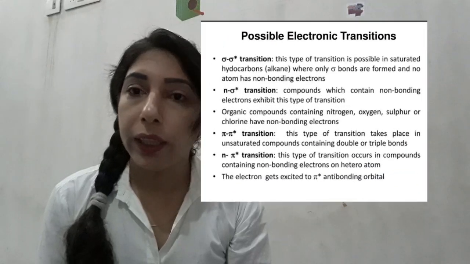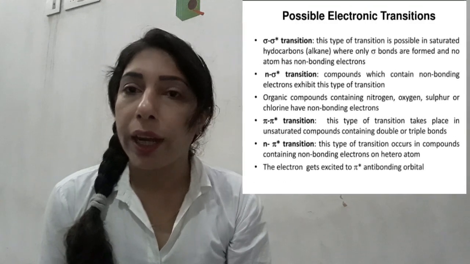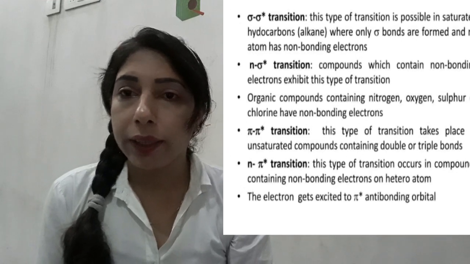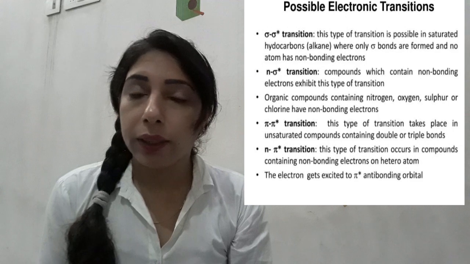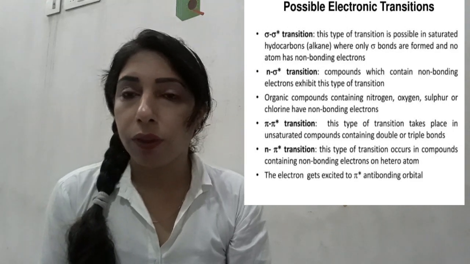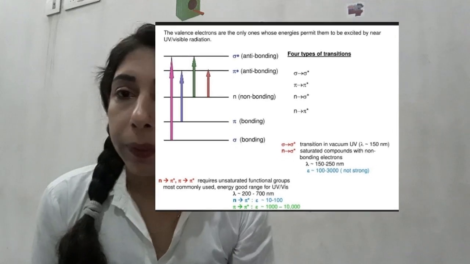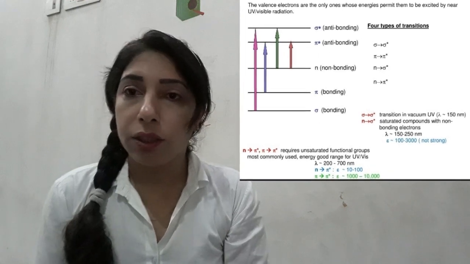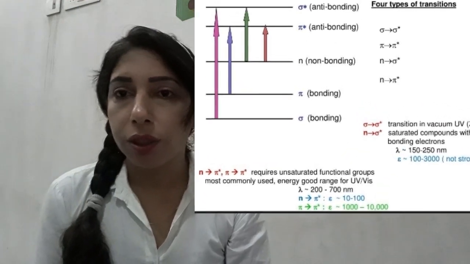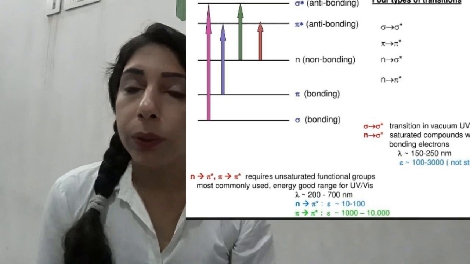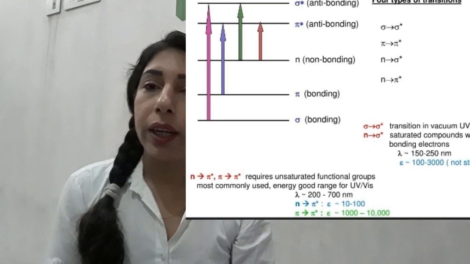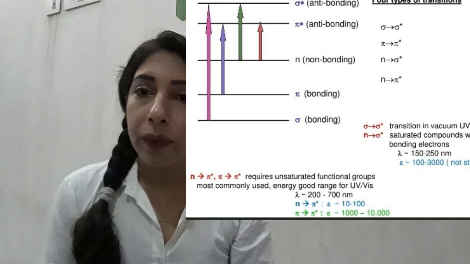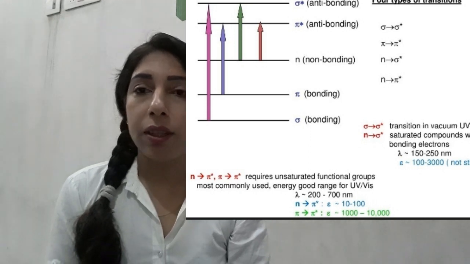Now, when electrons go from the ground state to a higher energy state, the absorption of energy depends on the type of transition, like sigma to sigma star or pi to pi star. Sigma to sigma star requires higher energy as compared to other transitions, and n to pi star transitions require lower energy, as we can see in the diagram.